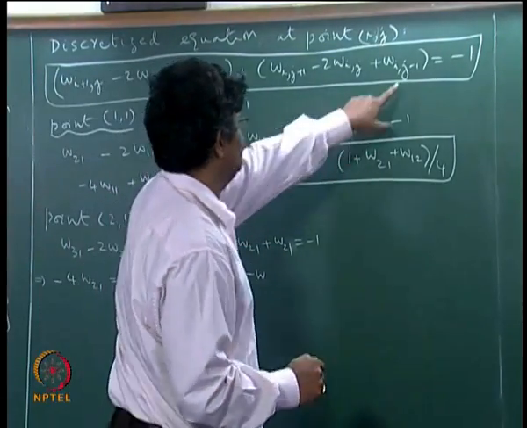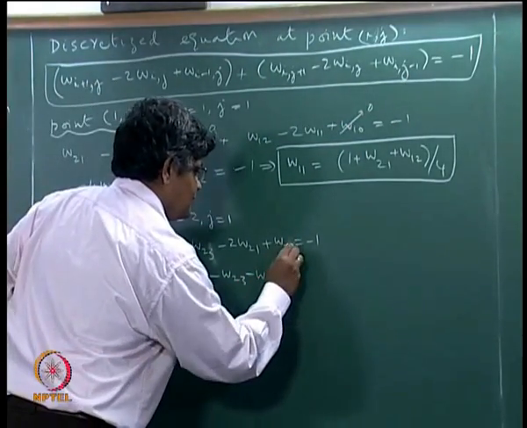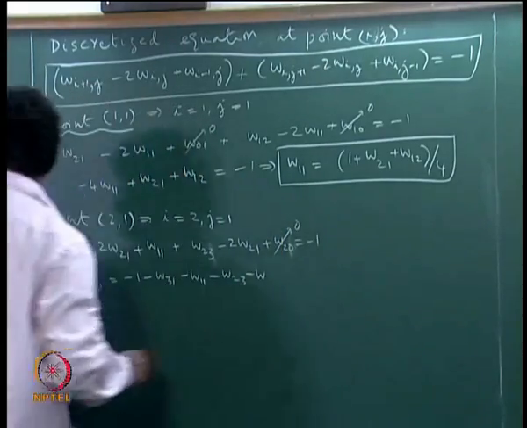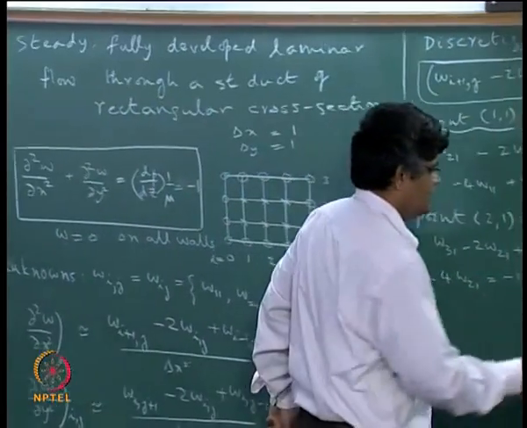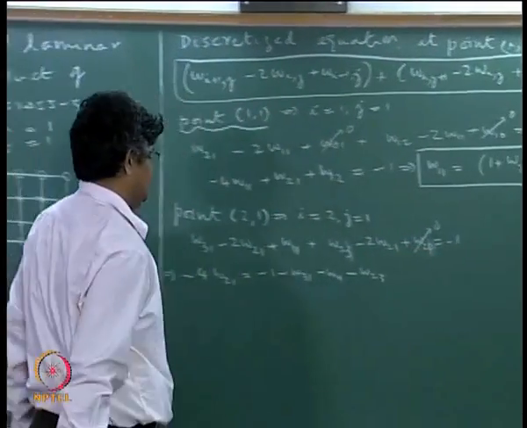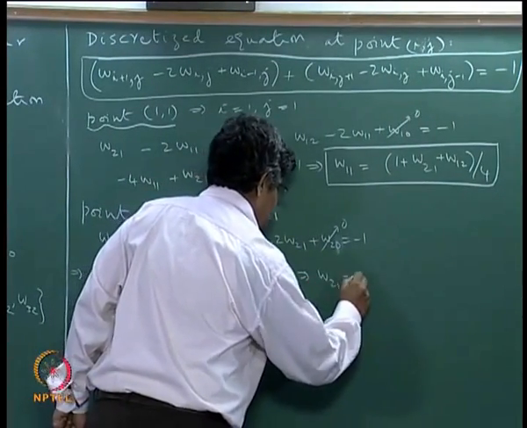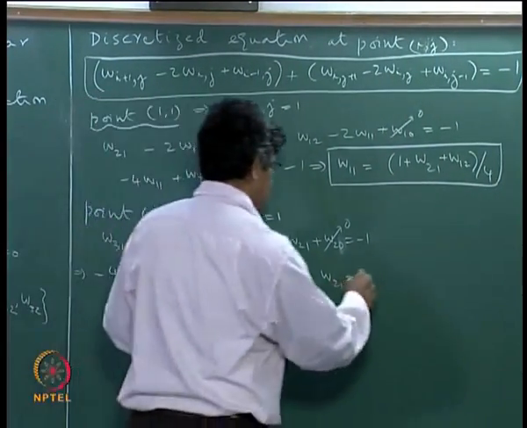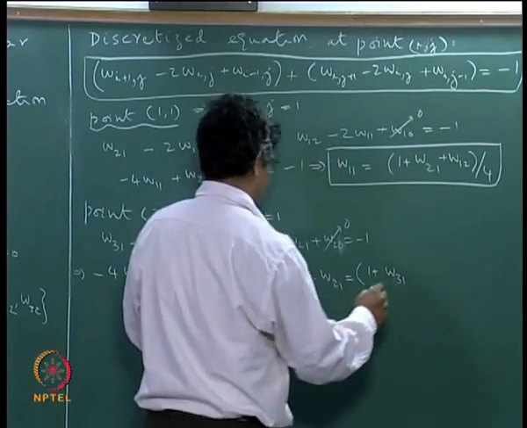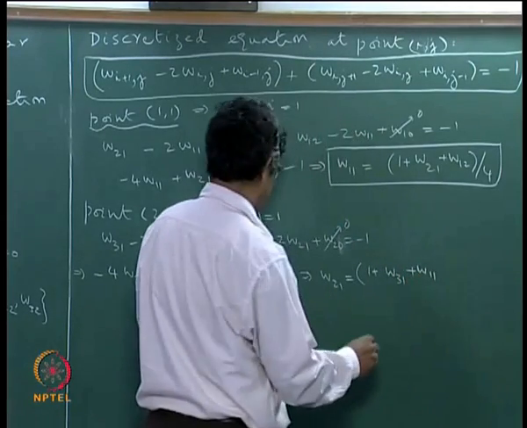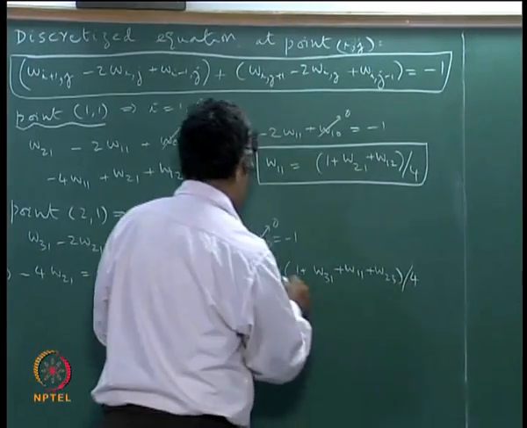So this is 20, this is j equal to 1, so this is 0 here, and 20 is this one, and this is 0 here. So there is a wall point. So from this we can get W21 is equal to (1 plus W31 plus W11 plus W23) divided by 4.